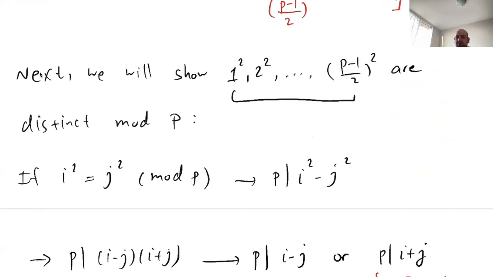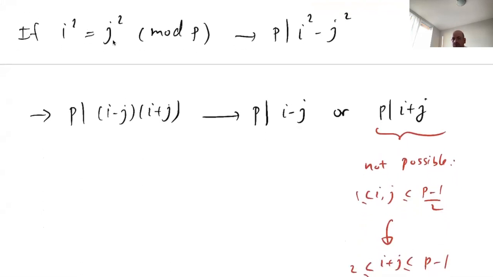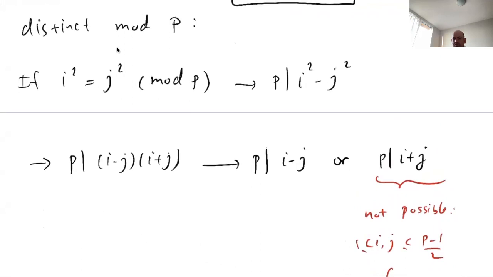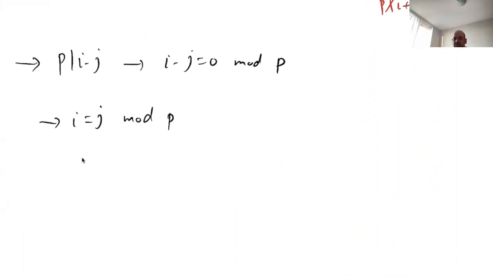So that means 1 squared, 2 squared, up to ((p-1)/2) squared are distinct. So 1 squared and 2 squared are distinct because 1 and 2 are different, right? And then 2 squared and 3 squared are distinct because 2 and 3 are distinct, and 1 squared and 3 squared are also distinct because 1 and 3 are different, and so on. So here I have a list of (p-1)/2 distinct numbers. And according to what I showed here, if the squares of two numbers are equal, with i and j between 1 and (p-1)/2, then the two numbers themselves must be equal.